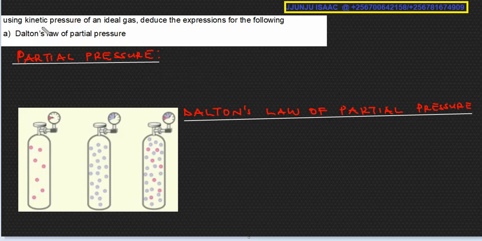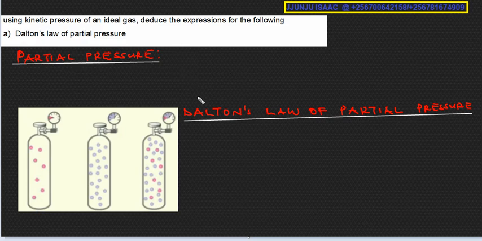Now we are going to use kinetic pressure of an ideal gas to deduce the expression for the following laws, and one of the laws we are going to look at is Dalton's law of partial pressure. So we need to understand what partial pressure is.